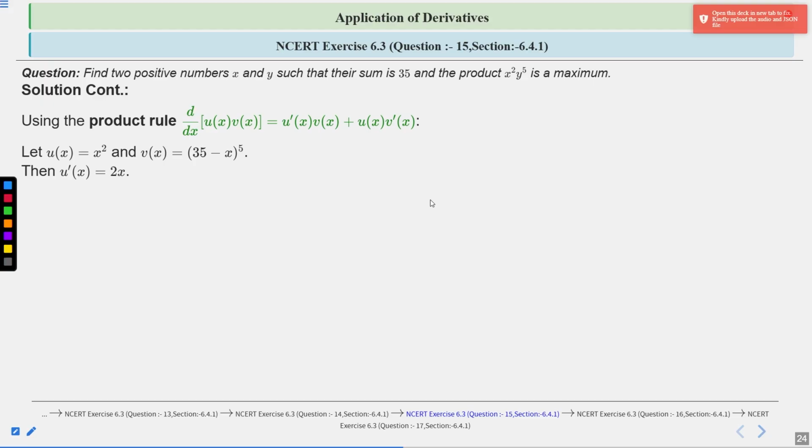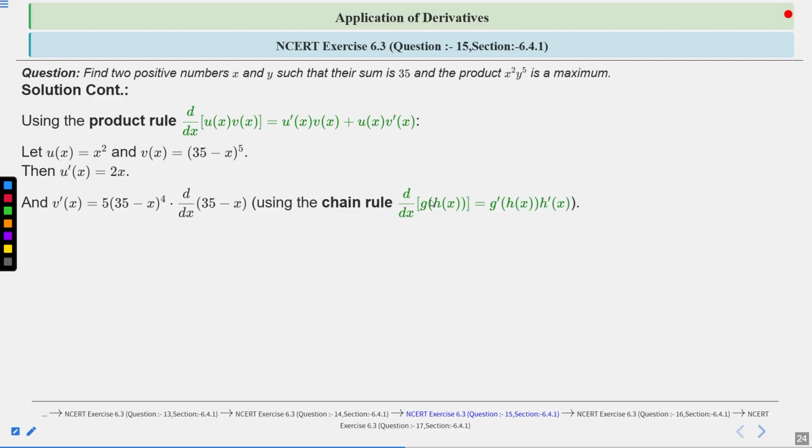Then u dash x is basically 2x, and v dash x is 5 times (35 minus x) whole to the power 5 into d upon dx of (35 minus x), by using the chain rule, which is d upon dx of g of h(x) is equal to g dash h(x) into h dash x. So v dash x will be equal to 5 times (35 minus x) whole to the power 4 into minus 1, which is equal to minus 5 into (35 minus x) whole to the power 4.